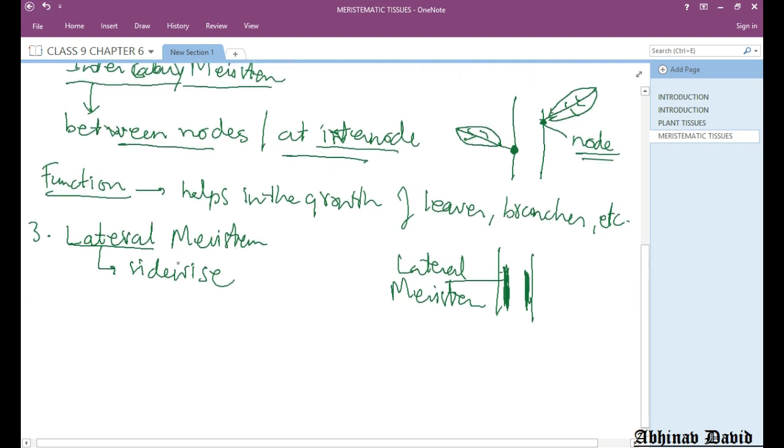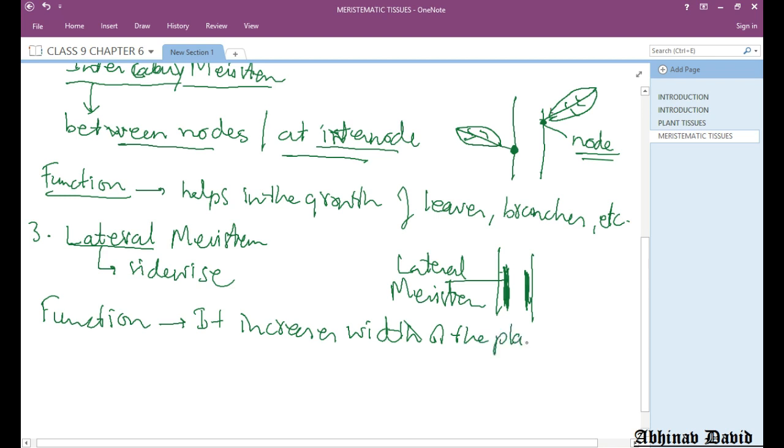Now let us talk about the function. It is present sidewise, and the function is it increases the width of the plant, or the diameter or thickness, whatever you can say, thickness or girth of the plant.